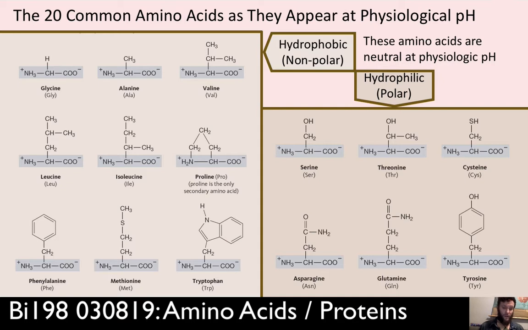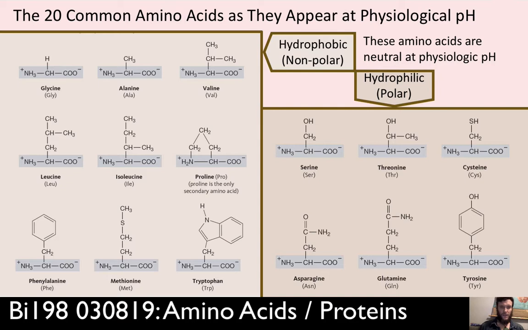Some of them, like phenylalanine, for example, has a phenyl group. That's an aromatic hydrocarbon. So it's a six-membered ring made of carbon where the carbons have alternating double and single bonds. Tryptophan is a very important hydrophobic amino acid.